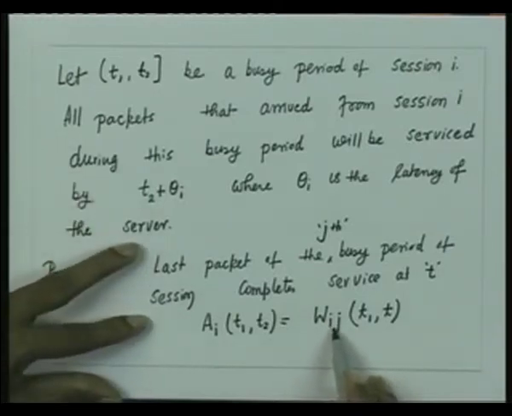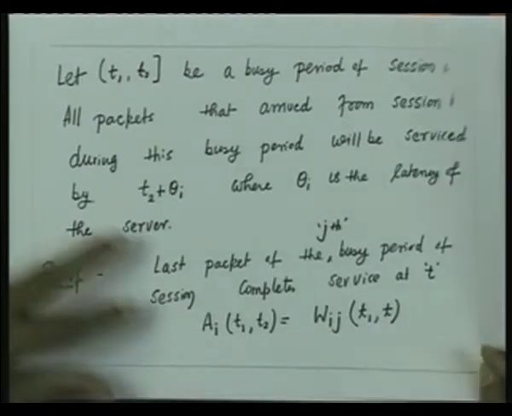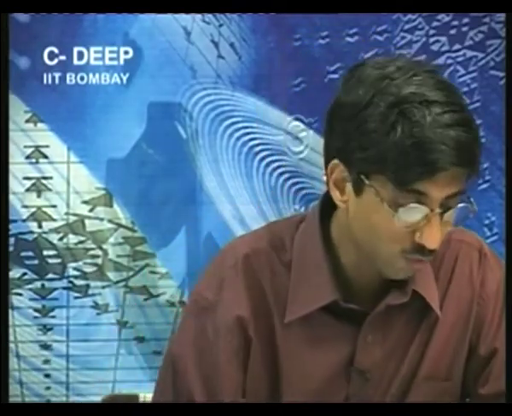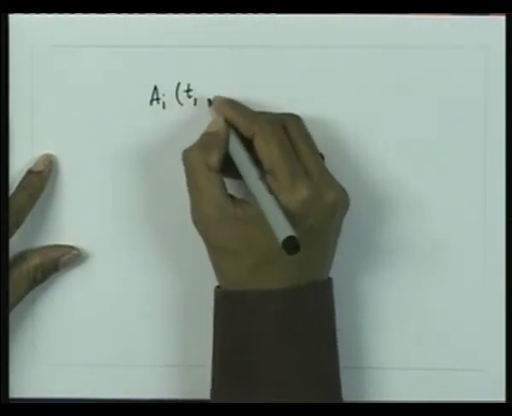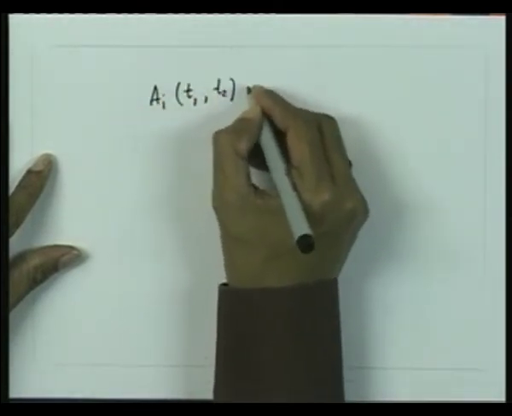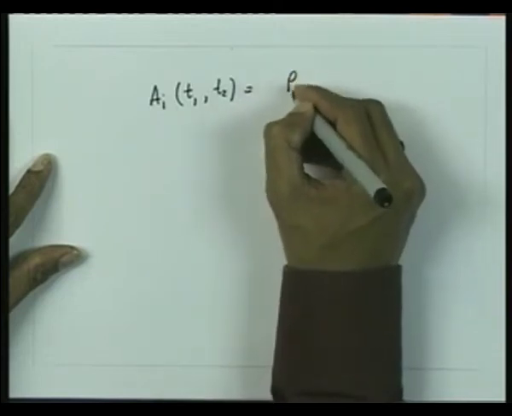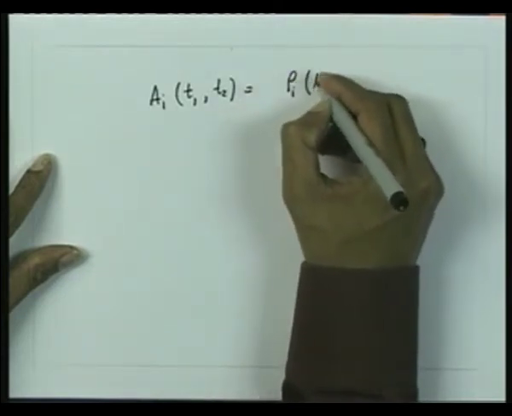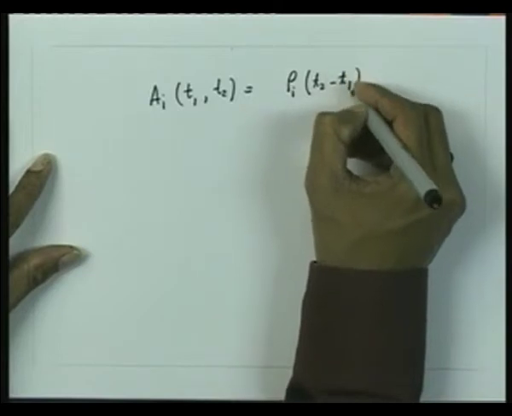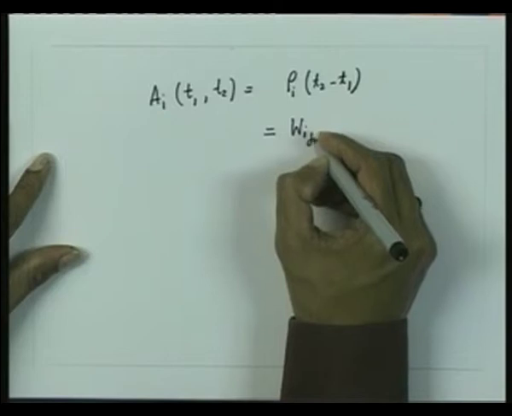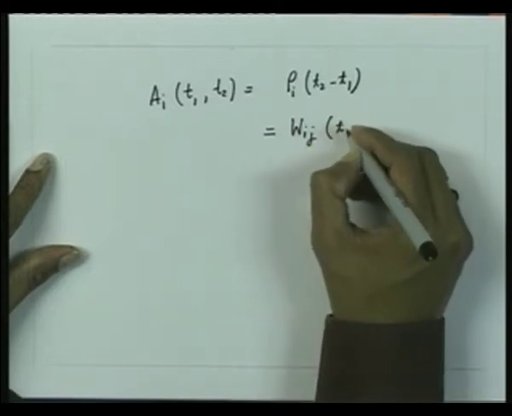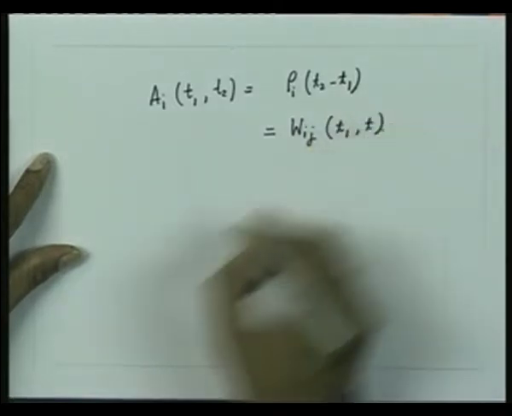Okay. So from the definition of the busy period, you know that AI T1 to T2 is actually equal to rho I T2 minus T1, which therefore is equal to Wij T1 to T.